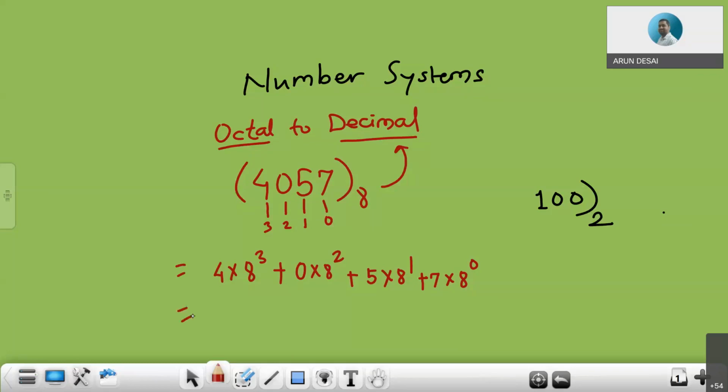Many students have given it in chat, right? The answer is 2095.